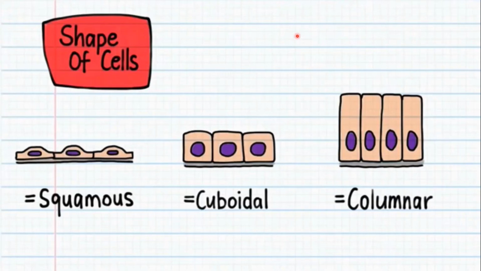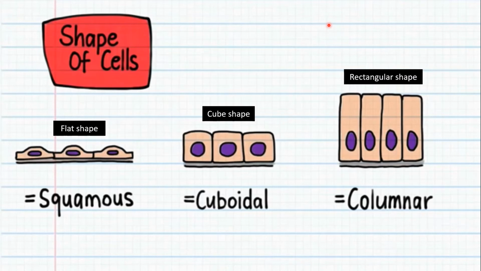Next is the second name in the naming system of epithelial tissue. The shape of cells depends on the location where it can be found. It can be either flat, known as squamous shape, cube, known as cuboidal shape, or rectangular, known as columnar shape.